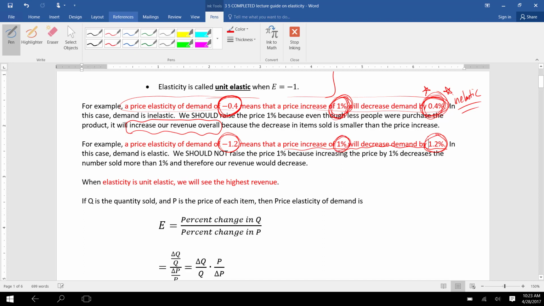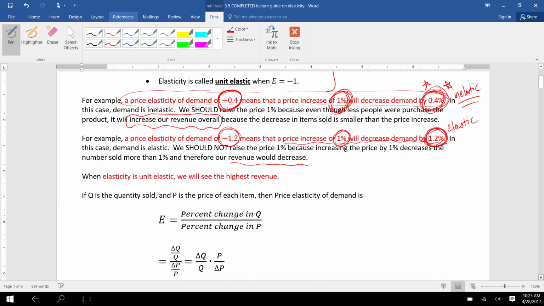The result is a big drop in demand, bigger than the price increase. This is elastic. And in that case, you should not raise the price because it will result in a revenue decrease. Inelastic, you should raise the price. Revenue would go up. Elastic, you should not raise the price. Your revenue will fall.